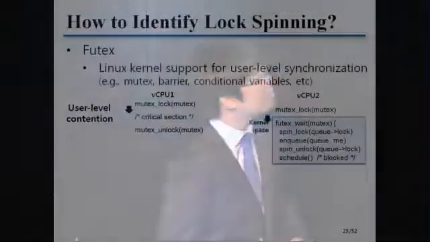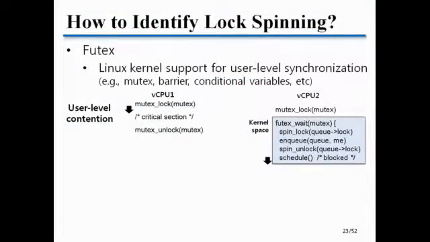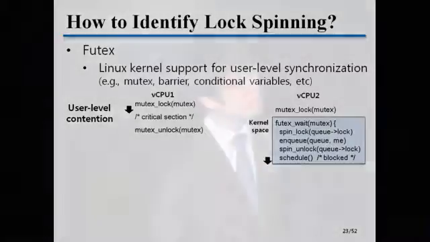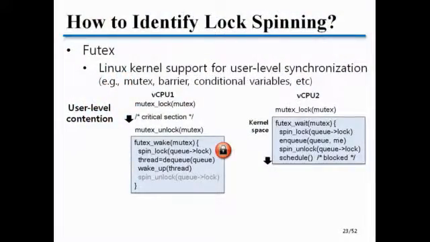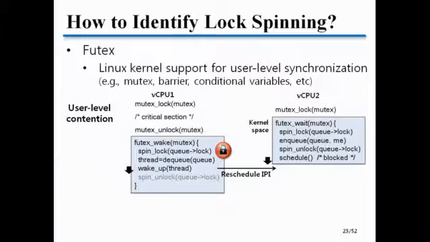The futex is the Linux kernel support for user level synchronization, such as mutex and barrier. In this example, the thread on vCPU2 has to wait until the mutex becomes available and requests the kernel to insert itself into the wait queue and to be blocked. Then the thread on vCPU1 releases the mutex and requests the kernel to wake up the thread on vCPU2 by sending a reschedule IPI while holding a spin lock.